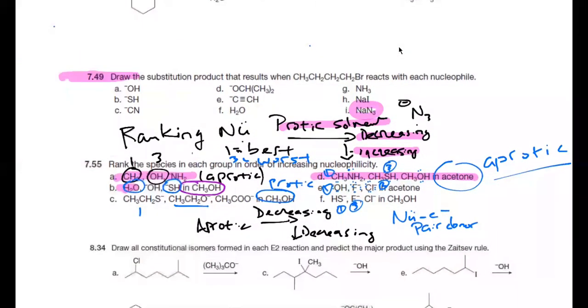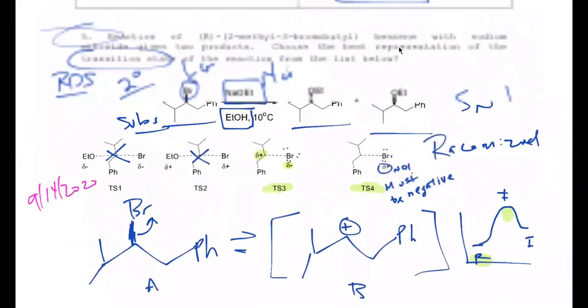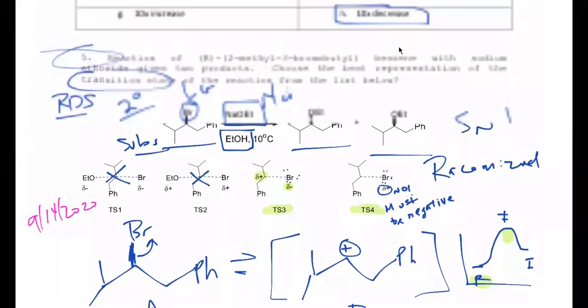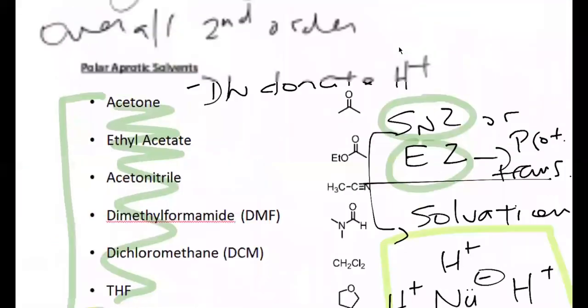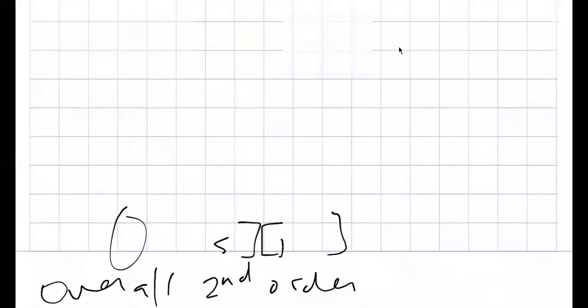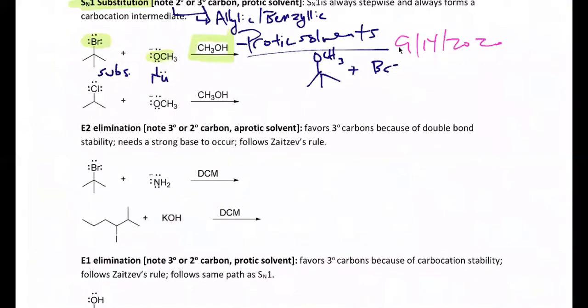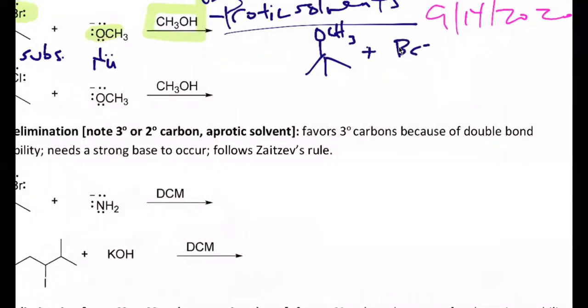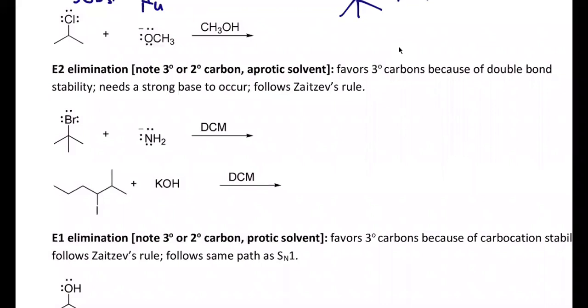Let me go back up to the top. All right. So we talked about SN2 and SN1. And so now I want to start talking about elimination in the last few minutes, and then we're going to stop. So what do you remember about elimination from part 1?